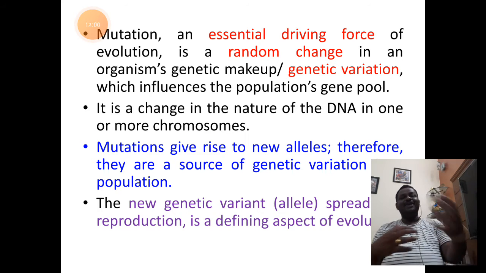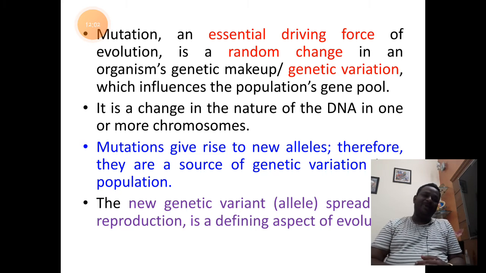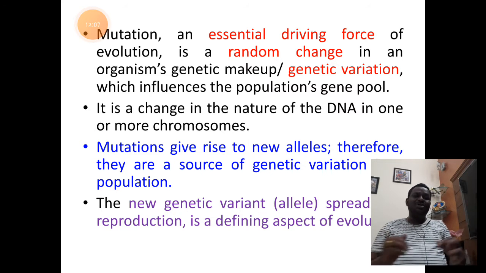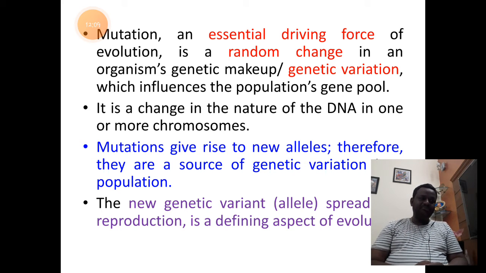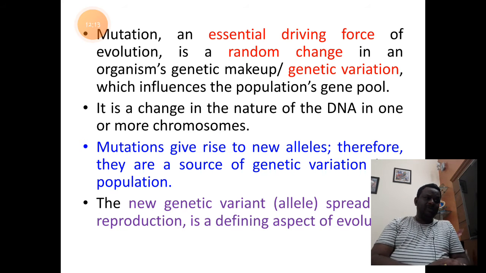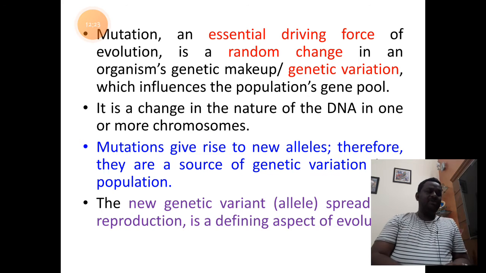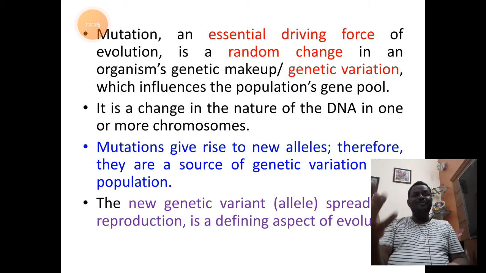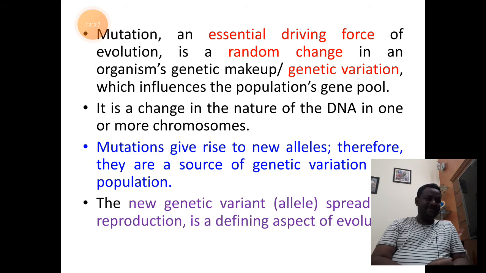So all of a sudden, when there is a change in gene sequence, that is mutation, the allelic frequency totally changes. So the gene pool also varies. Next, the result or impact of mutation is the formation of new alleles which are entirely different from that of the original population.